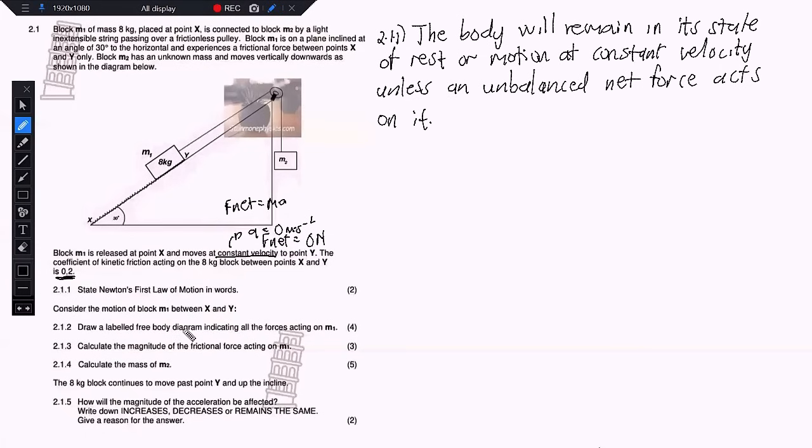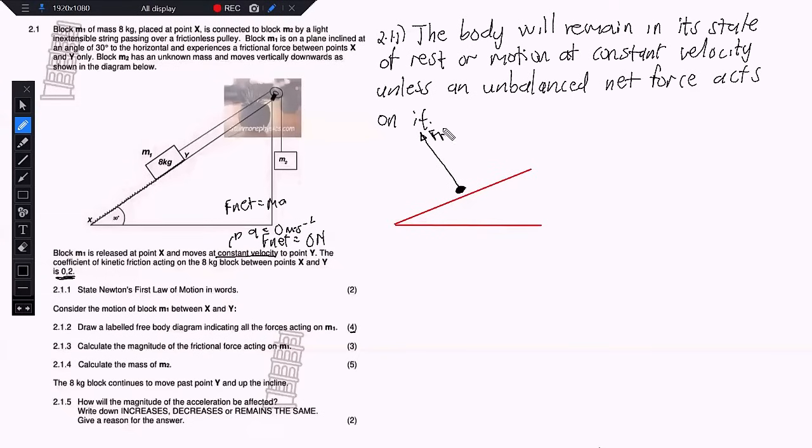Then consider the motion of block M1 between X and Y. Draw a labelled free body diagram indicating all the forces acting on block M1. And then for 4 marks, 4 marks means we have to have 4 forces. So what I always like to do is resolve the components of the gravitational force so that I can clearly see all the horizontal forces and vertical forces taking part there.